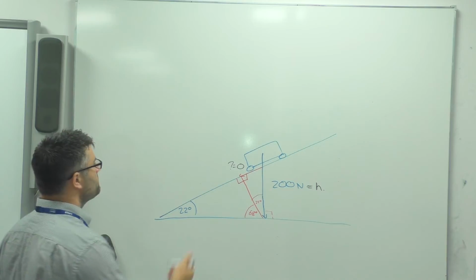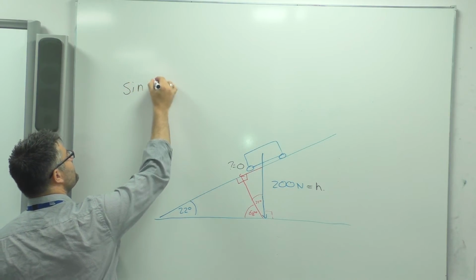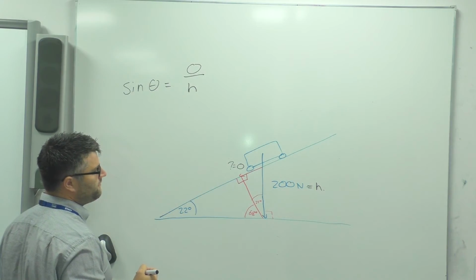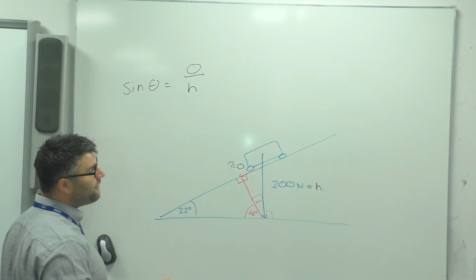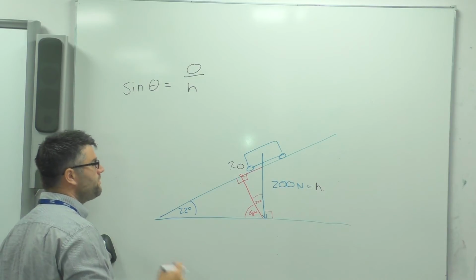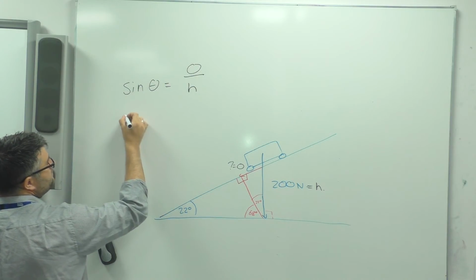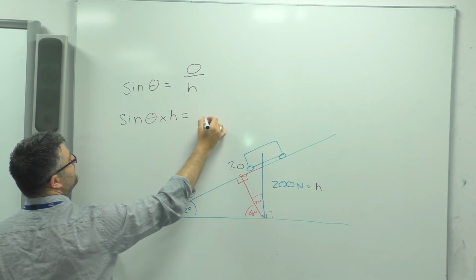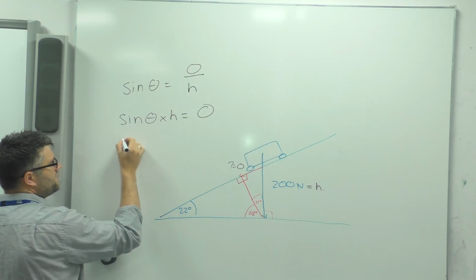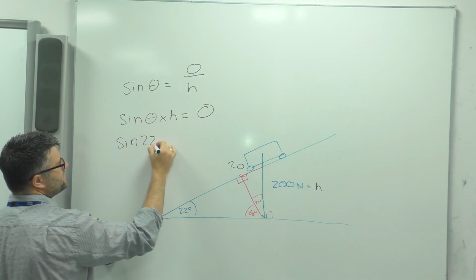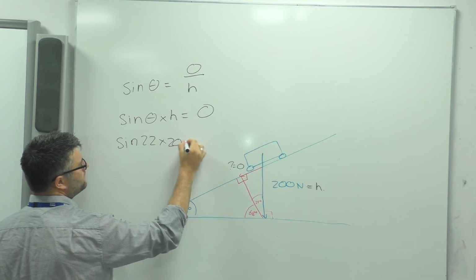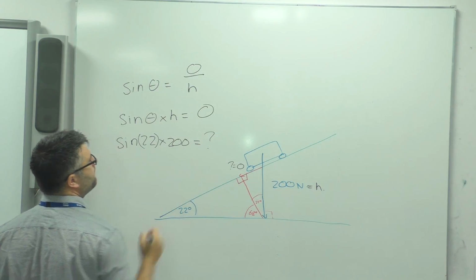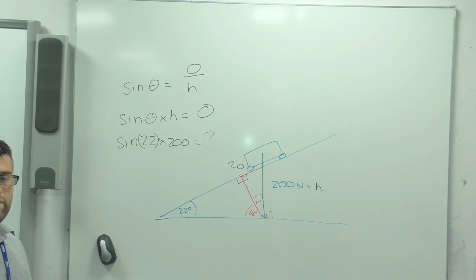So I'm going to use sine theta equals opposite over the hypotenuse. I want to find out the opposite, so I times both sides by the hypotenuse. So sine of theta times the hypotenuse equals the opposite. So in this case, sine of 22 times 200 is going to equal my value there.